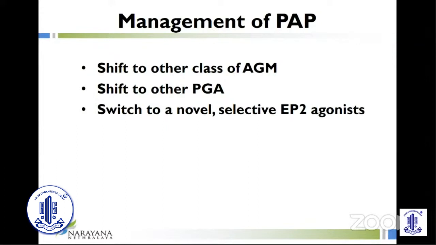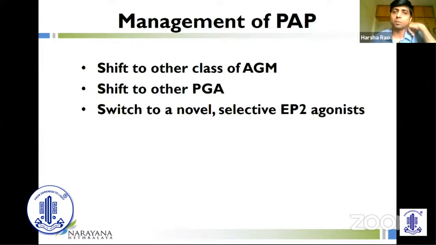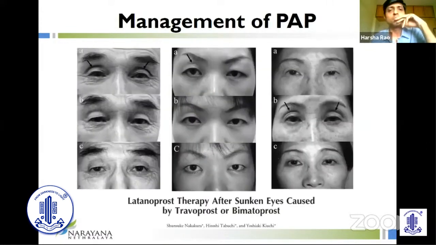The other method is to shift them to the other prostaglandin analog. Here are a couple of studies which shifted the patients either on travoprost or bimatoprost who showed signs of PAP to latanoprost, and a lot of these patients showed recovery of the PAP signs.